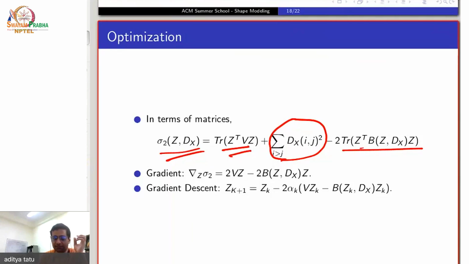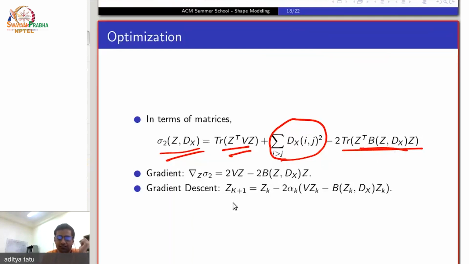Differentiating these terms with respect to z becomes very easy. It's just like a quadratic function, Vz squared, that would be 2Vz. Sorry, this is just like a linear function. I think I made a mistake here. No, this is okay. So 2Bz, and it's also a quadratic in z.